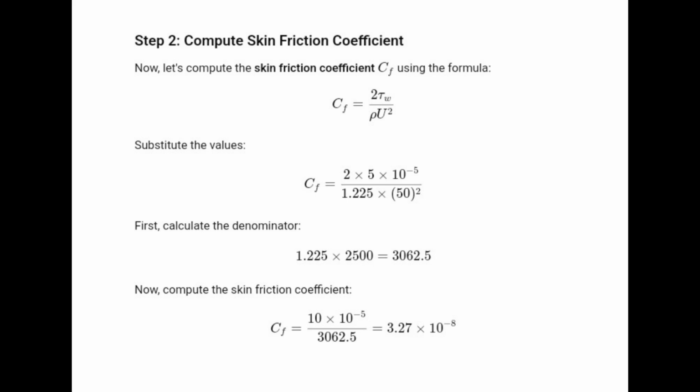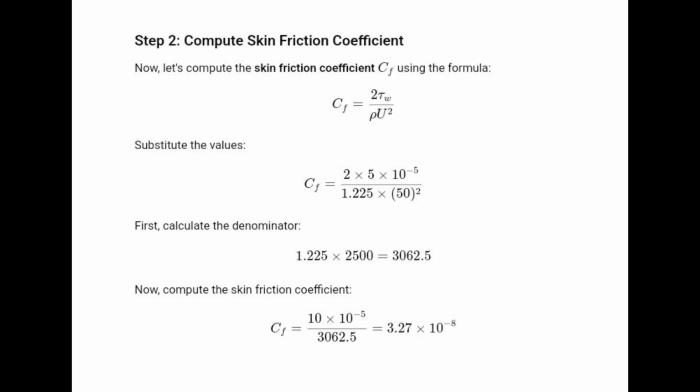First we will calculate our denominator. Before that, we need to calculate 50 squared, which has an exponent of 2. It will be 2,500. So now we can calculate our denominator: 1.225 times 2,500 is equal to 3,062.5.